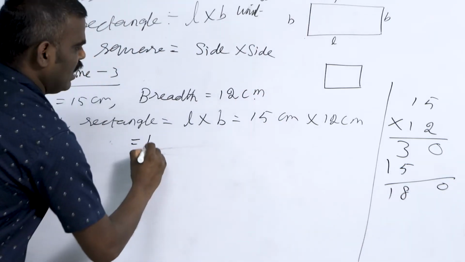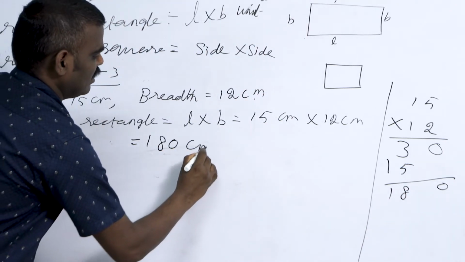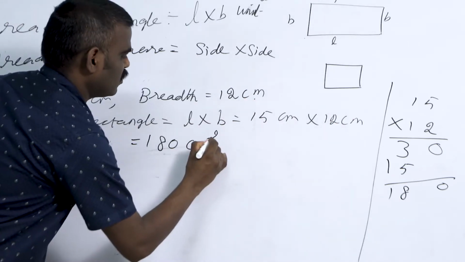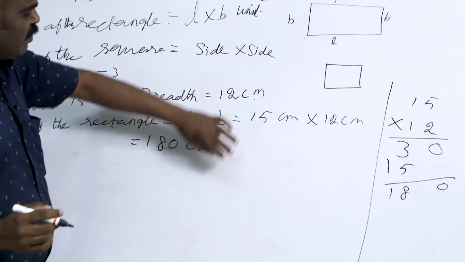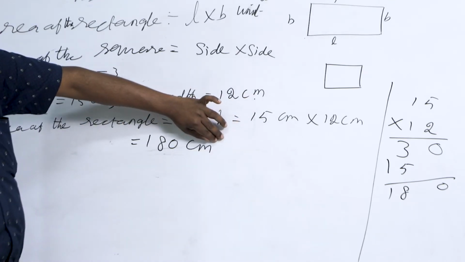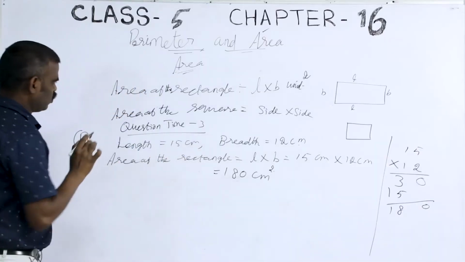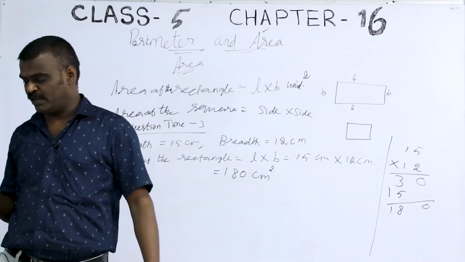How much? 180 centimeter square. Unit is very important. If you don't write centimeter square, and only write centimeter, your answer is wrong, okay? So that's one question enough, the remaining you have to manage by yourself.